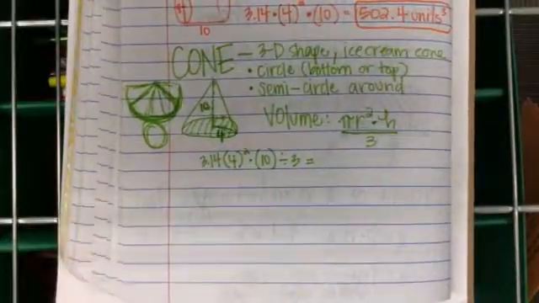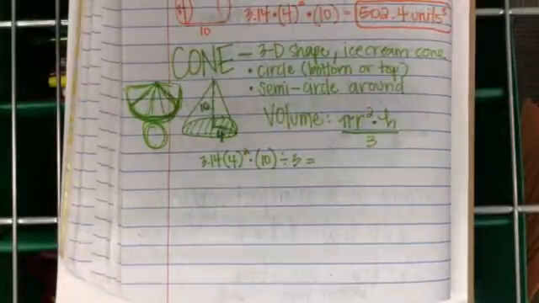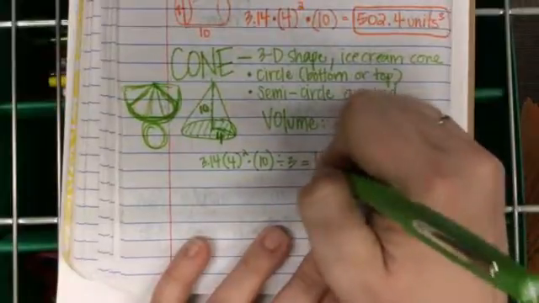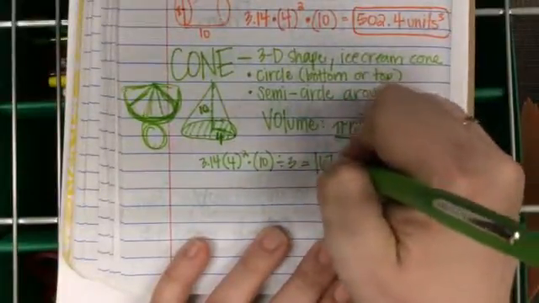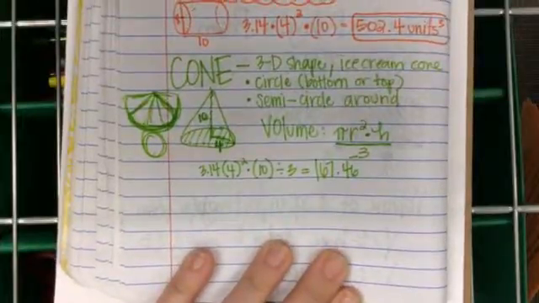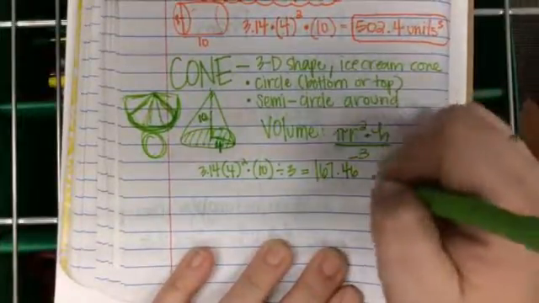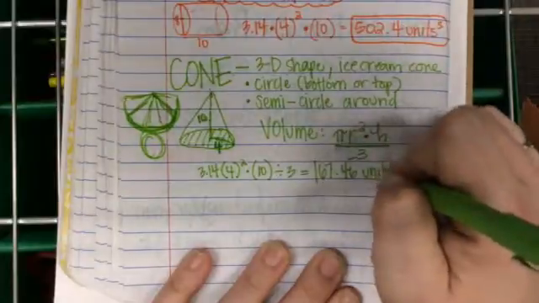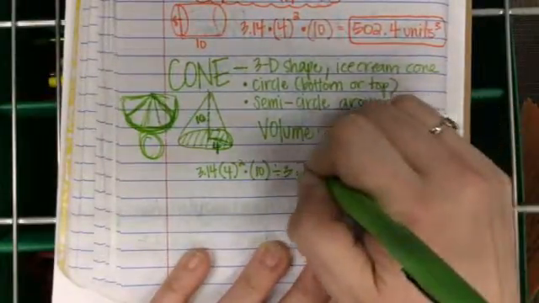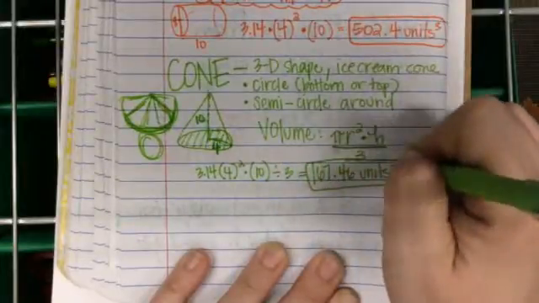Because it's a cone. It takes up 1/3 of the space of a cylinder. 167.46 repeating. Units what? Cubed, because why? Because it's volume.